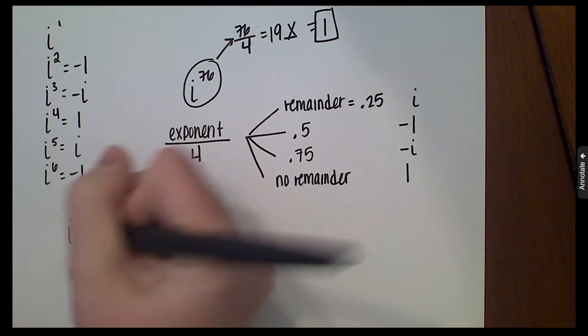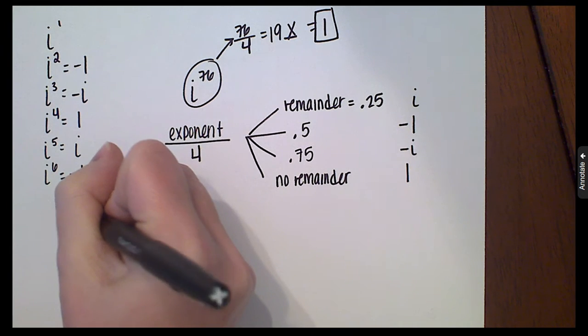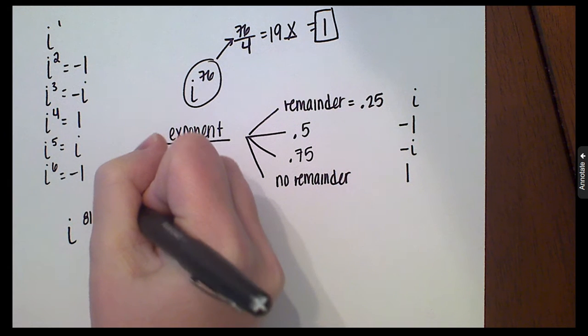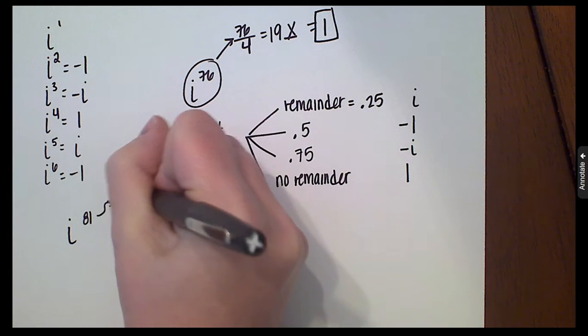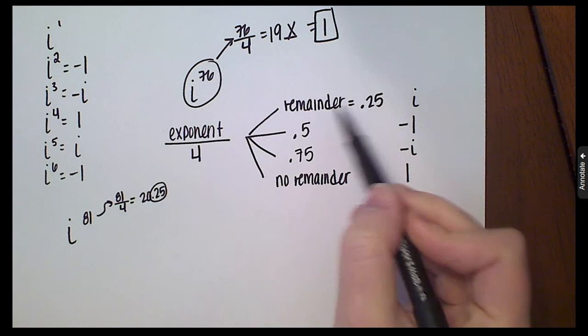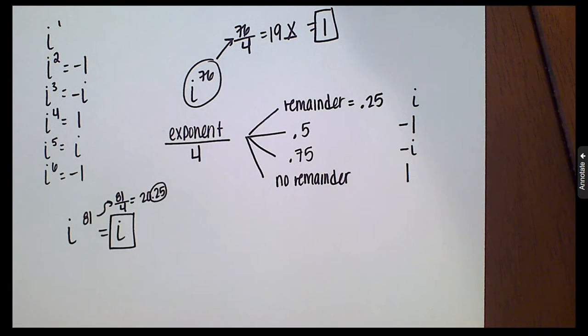So if I said, what's i to the 81st, you would say, in my calculator, I'm just going to do 81 divided by 4. It comes out to 20.25. I really only care about what that decimal is. Since the decimal is 0.25, this is actually just equivalent to i.